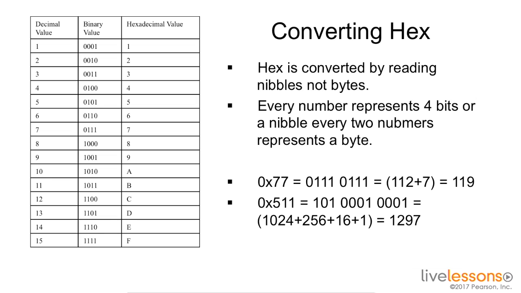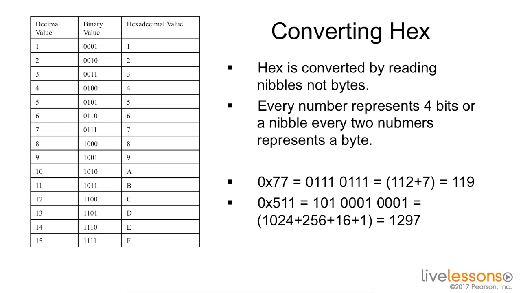Once it gets to 10, it actually replaces 10, 11, 12, 13, 14, and 15 with alphabetical characters. So with hex, the numbers 1 through 9 are the numbers 1 through 9, and 10 is A, 11 is B, 12 is C, and so on to 15.